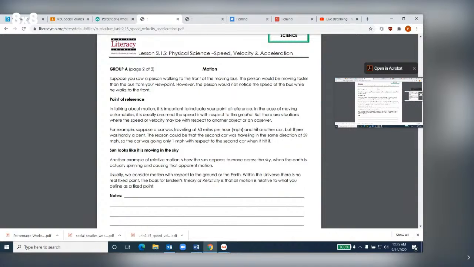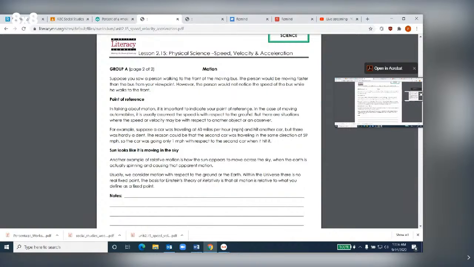But if you're on the side of the road, obviously your point of reference is a little bit different, because you can see the car moving past you. If you're going 60 miles an hour for 1 mile on 490, that car doesn't look like it's moving because you're both traveling the same speed. So that's kind of your point of reference.